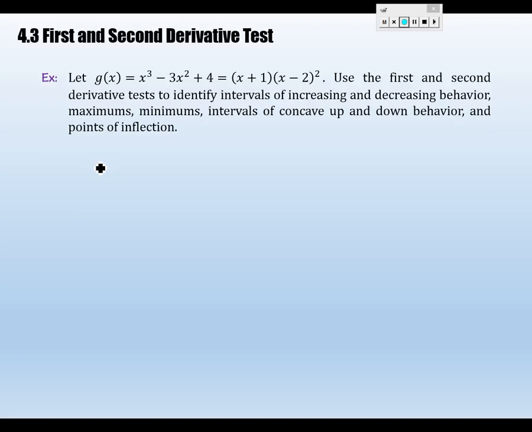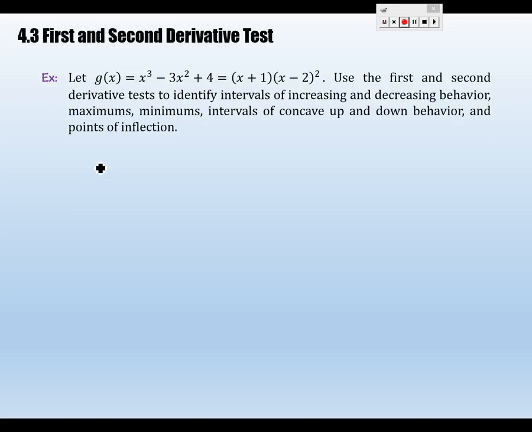Why do I care about factoring it? Are there any places where this derivative g prime is 0? There are, and I'm about to find them: x equals 0 and 2. Are there any places where it's undefined? No. I already knew that coming into the problem. This is a cubic polynomial, always continuous and differentiable.